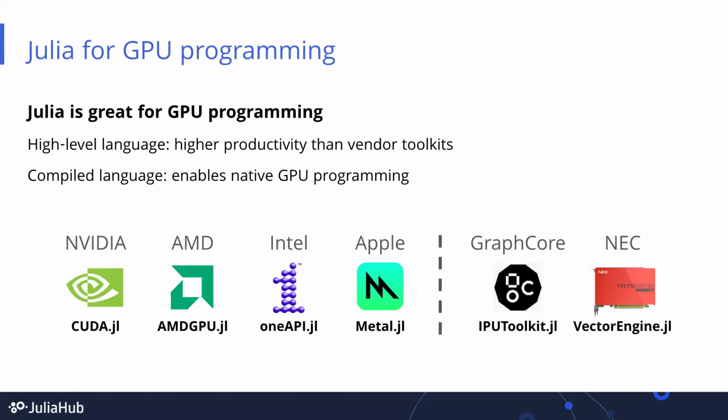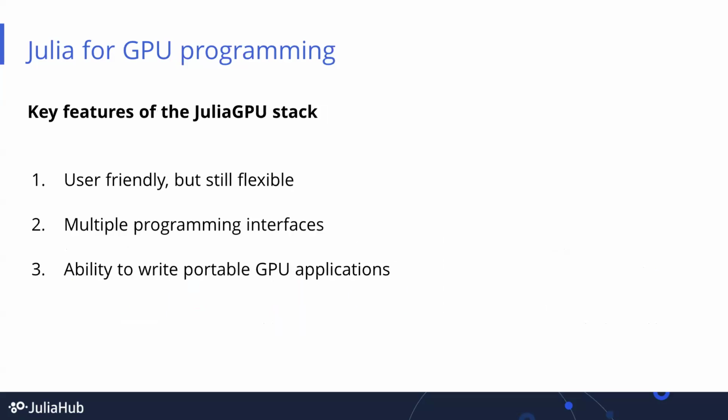So even though we have plenty of backends, most of them follow a similar design or a similar paradigm. We aim to be very user-friendly, so it should be possible to get started with GPU programming in Julia really quickly. Add the package, and you should be all set.